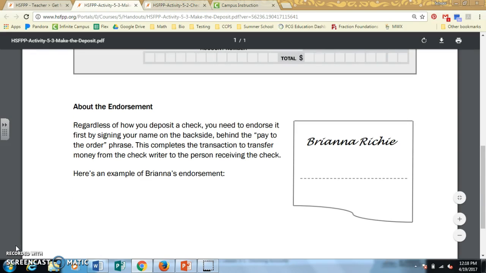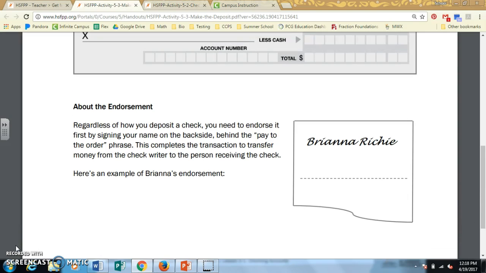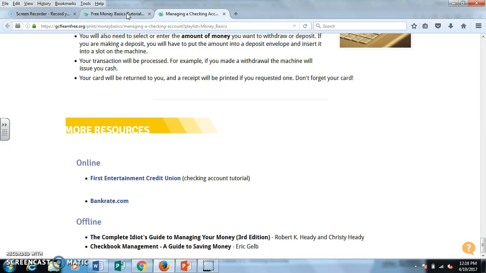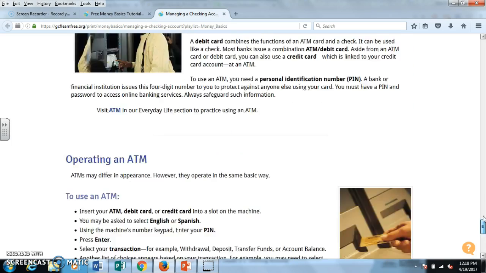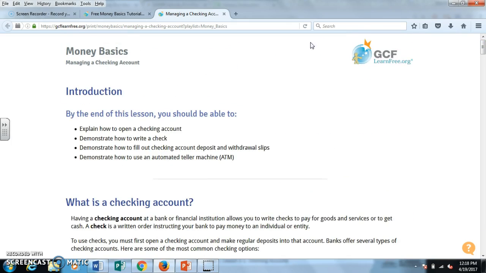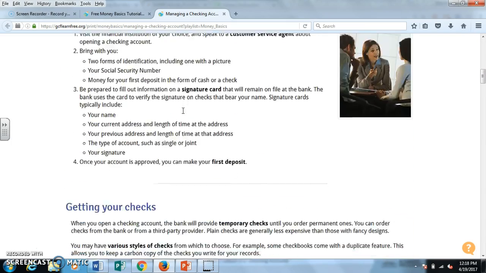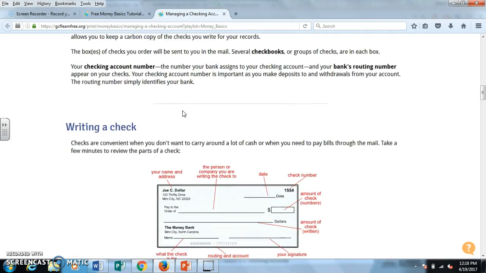I have one final assignment for you today. It's a little bit of reading and practicing more about check writing and deposit slips. So if you look in your notebook, you're going to see Money Basics. It's an introduction, and it's going to describe a little bit more about a checking account, how to open a checking account, and getting your checks.